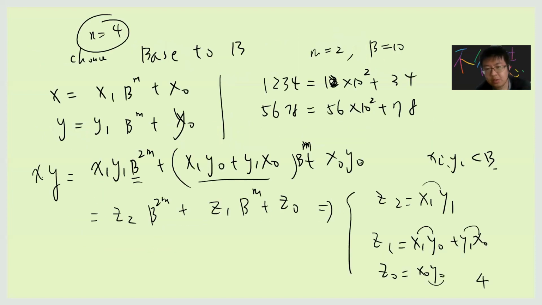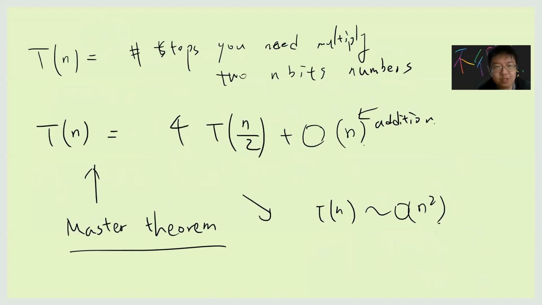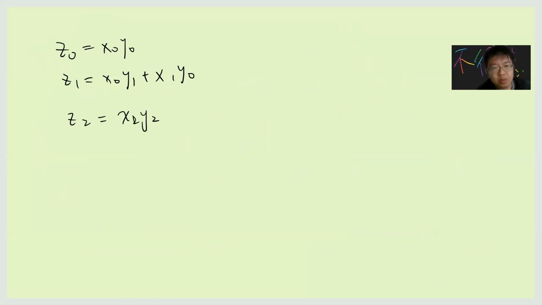But this amazing guy Karatsuba came up with a fancy idea. So z0 is x0 y0, z1 is x0 y1 plus x1 y0, and z2 is x1 y1.